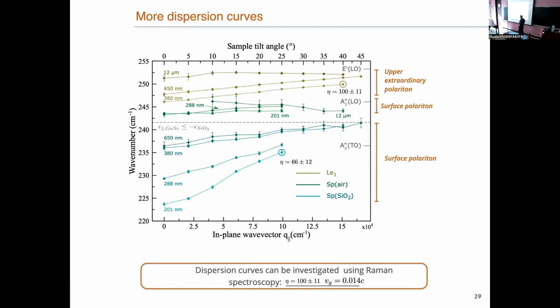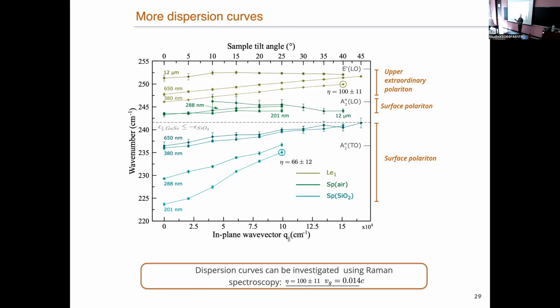Now, there's one thing I would like to mention here: gallium selenide is a pretty good polaritonic material. I'm going to take this dispersion curve obtained at 380 nanometer. If we extrapolate to this point, we find that we really have a polariton here because the phonon frequencies are very far apart.